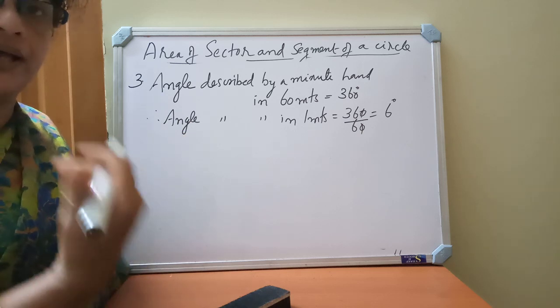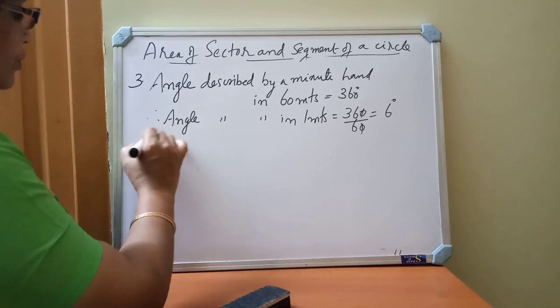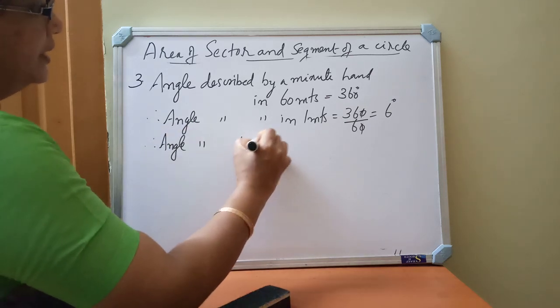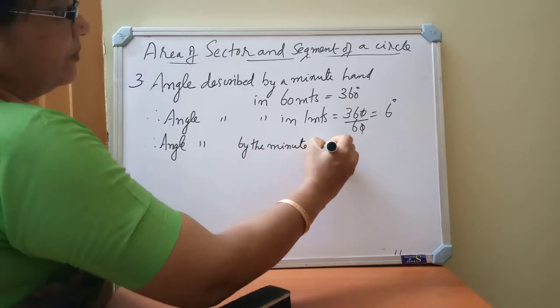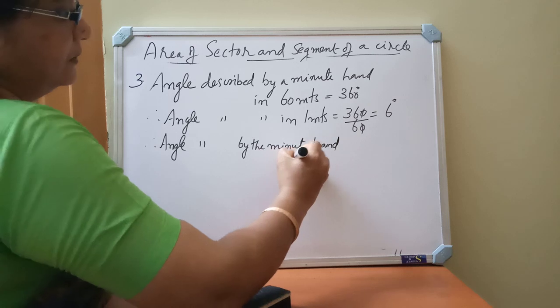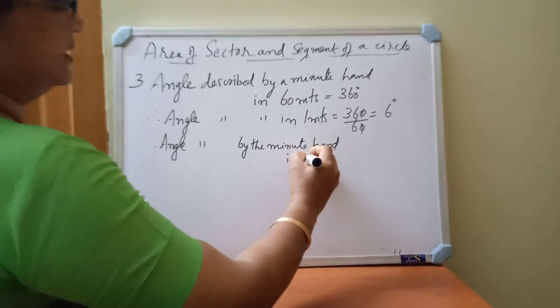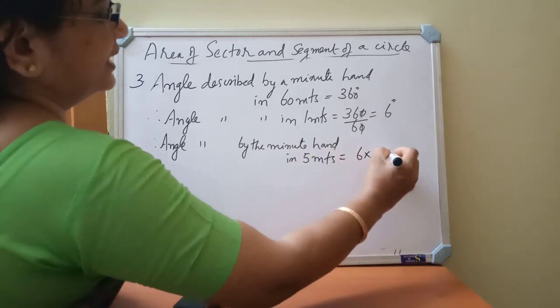We must find out angle described by the minute hand in 5 minutes. Isn't it? Therefore, angle described by the minute hand in 5 minutes is equal to 6 into 5, that is 30 degree.